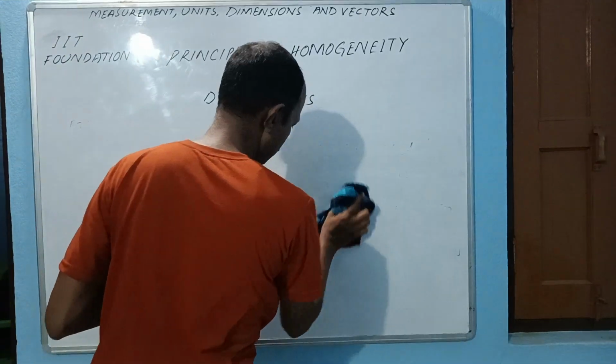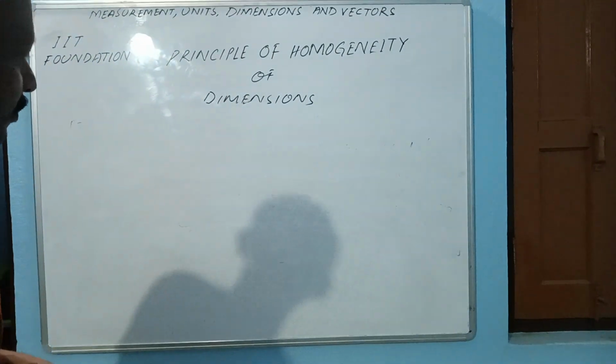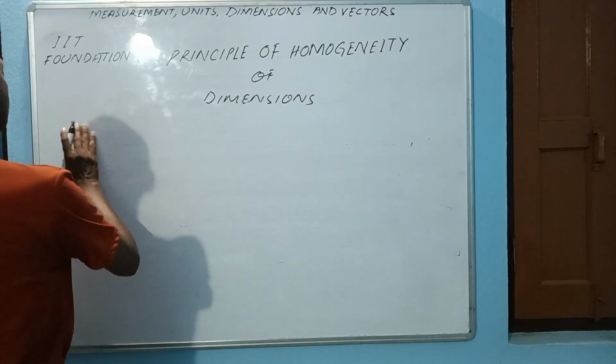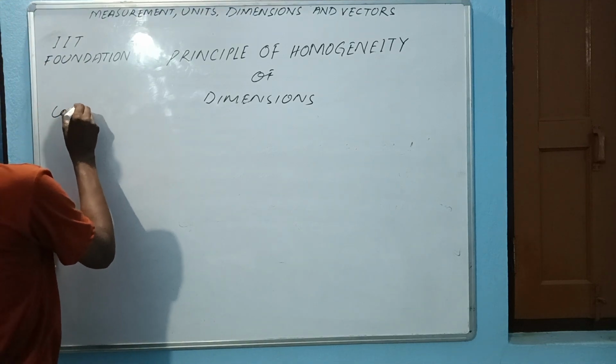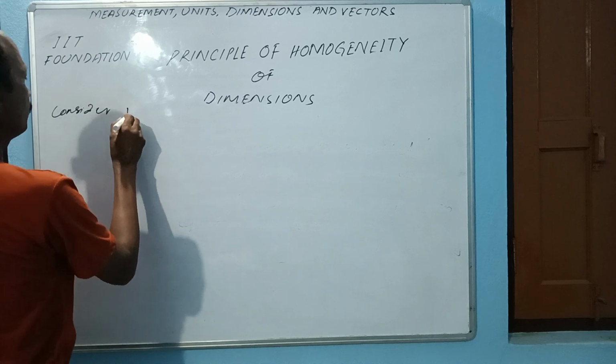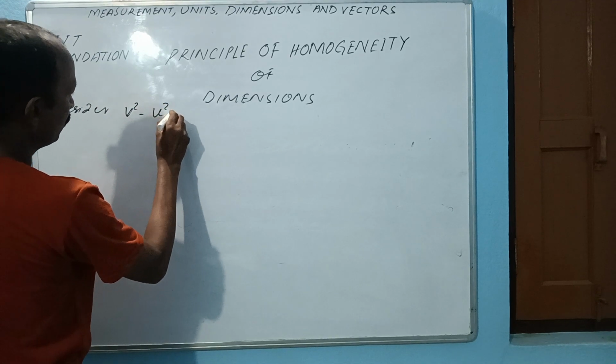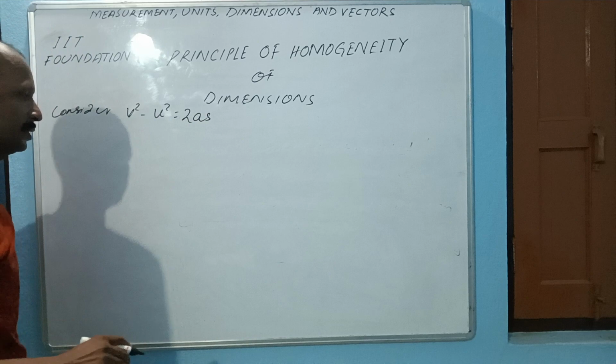So the best simple example I am giving. Consider v square minus u square equal to 2as.